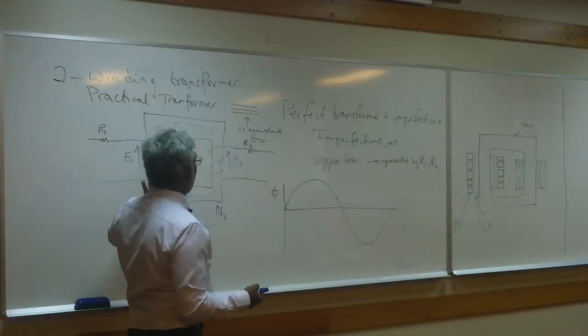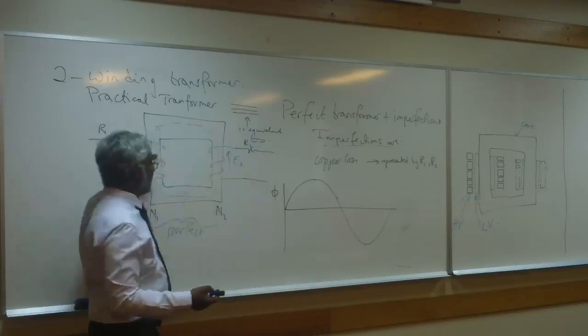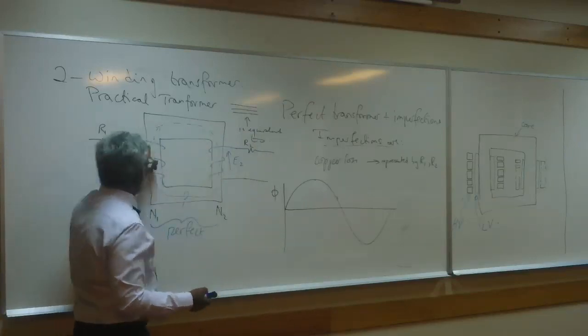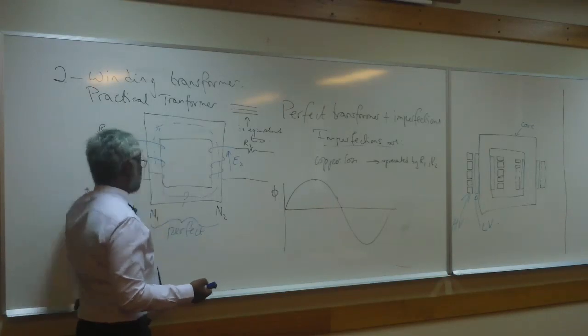Those two losses are both proportional to the amount of flux, rather than to the amount of current that comes in. And the amount of flux is proportional to the voltage.